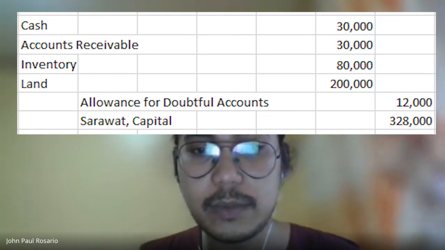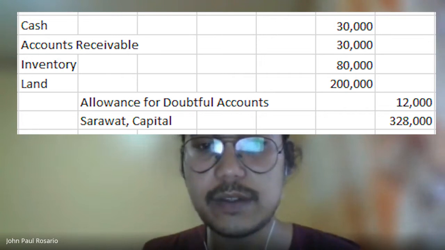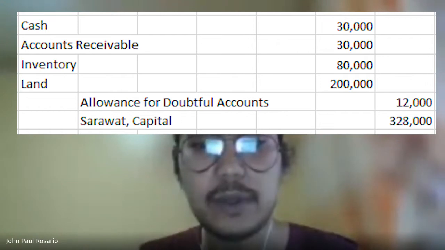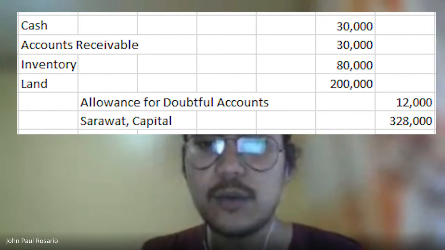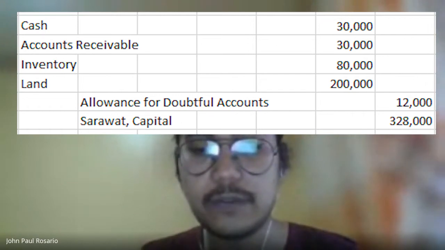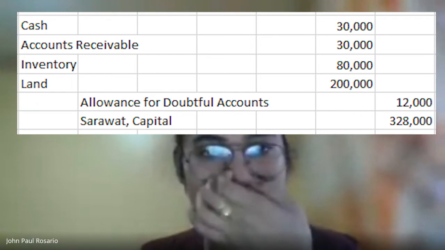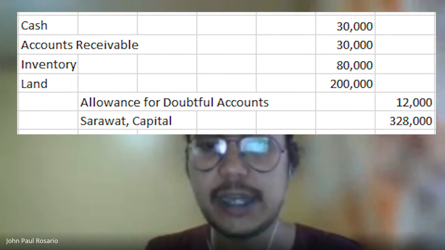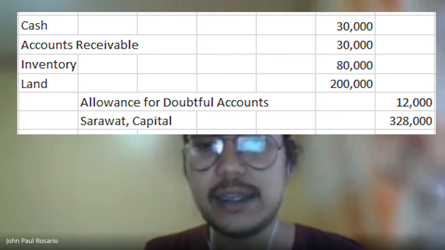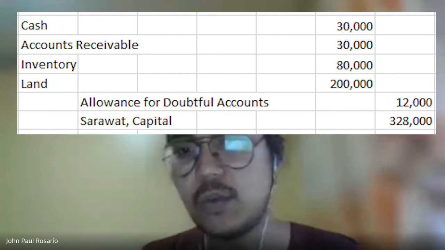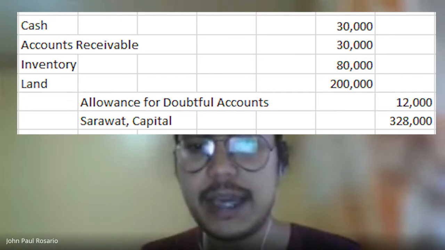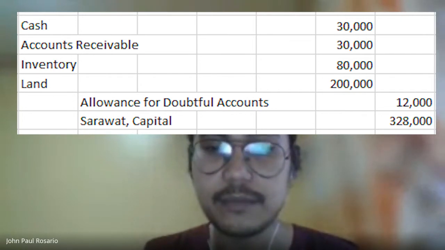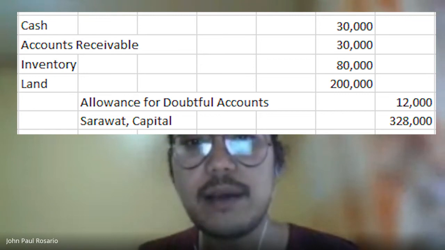The amount that Sarawat contributed for cash is 30,000. For the accounts receivable is 30,000 as well, with an allowance for doubtful accounts worth 12,000. And then for the inventory, Sarawat contributed 80,000, and for his land, the amount is 200,000, with a net amount of 328,000.